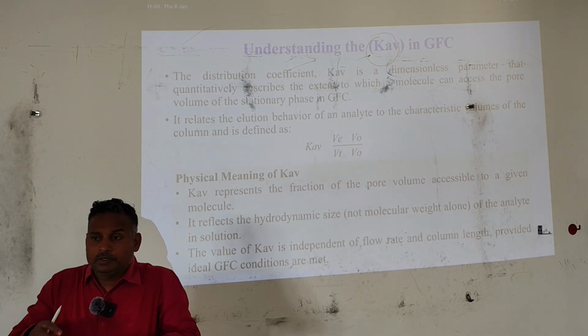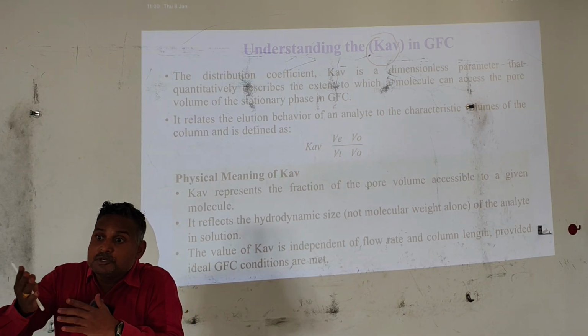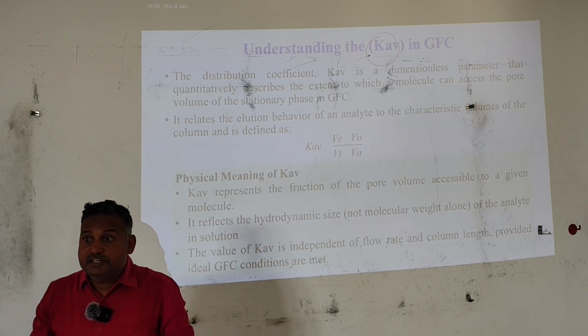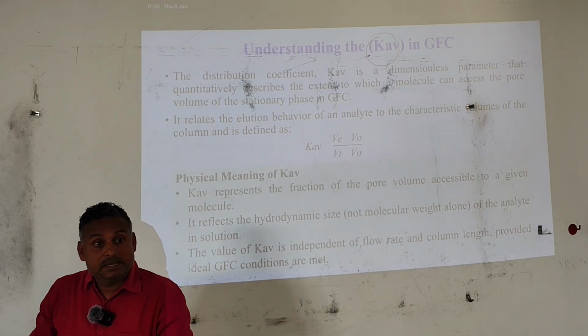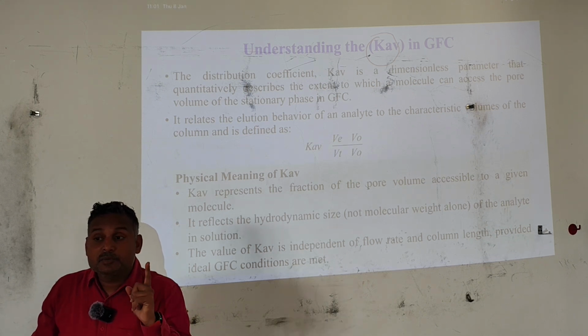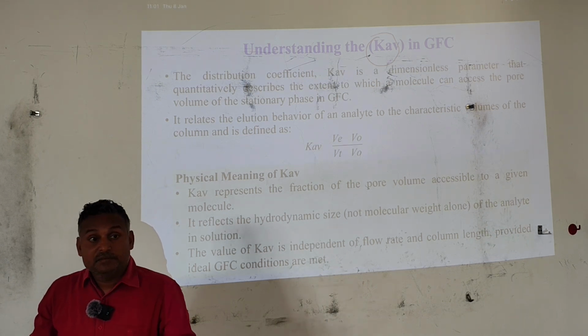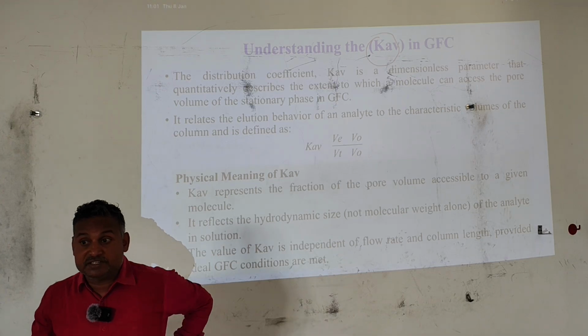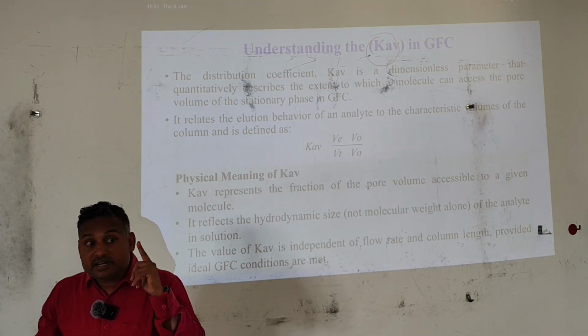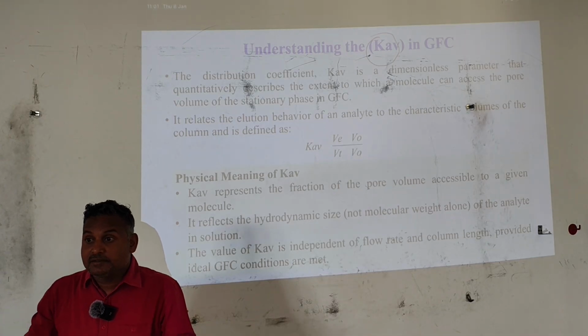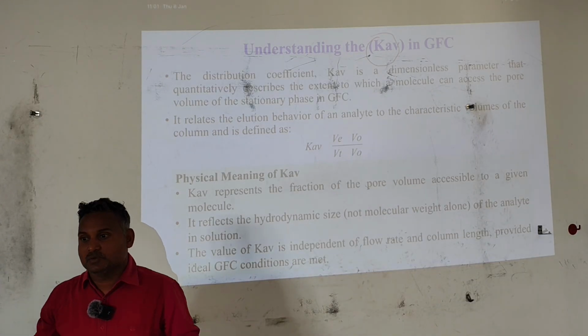Different molecules have different distributions based on size. Because distributions are different, distribution constants are different. Because distribution constants are different, the migration rates are different. Because migration rates are different, the separation is good and efficient.